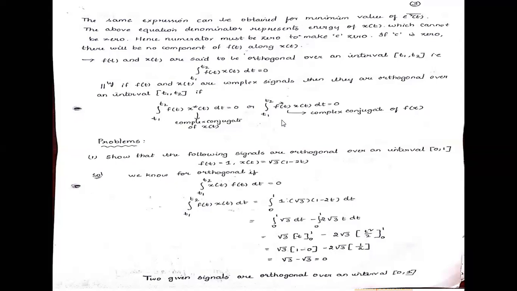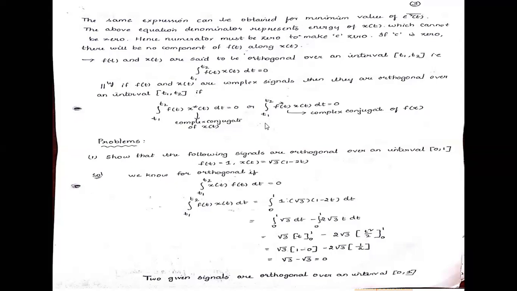Orthogonality in the complex signal means C is equal to the numerator, the integral from t1 to t2 of f of t x star of t dt, whole divided by the integral from t1 to t2 of the squared magnitude of x of t dt.